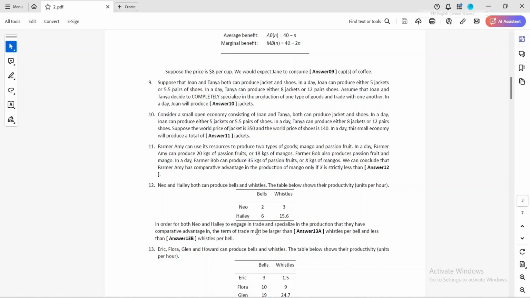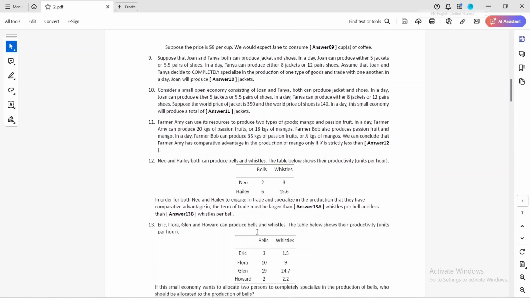Okay, let's move on to the next question. Farmer Amy can use its resources to produce two types of goods, mango and passion fruit. Farmer Amy can produce 20 kg of passion fruits and 18 kg of mango. Farmer Bob can produce X kg of mangoes and 35 kg of passion fruits.